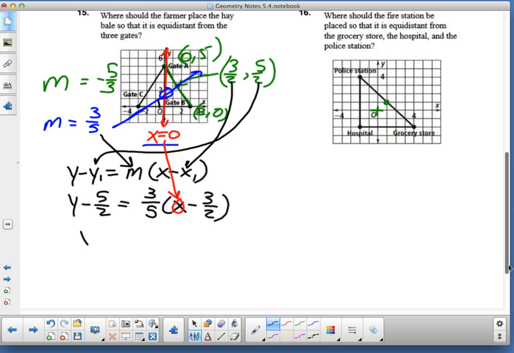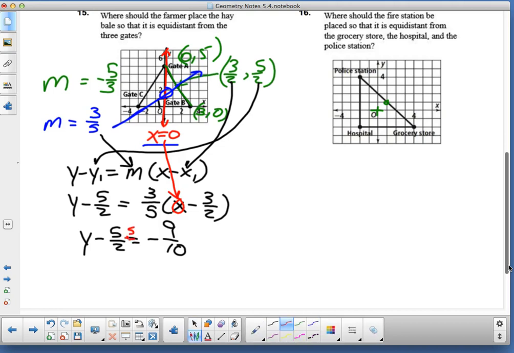I keep solving. I get y minus 5/2 equals -9/10. Now I have to have my y by itself, so I have to add 5/2 to both sides. But I'm going to do it in such a way that it's one move. I'm going to put it in terms of tenths, so I multiply the top and bottom by 5.